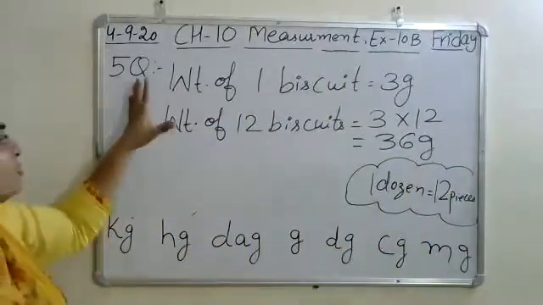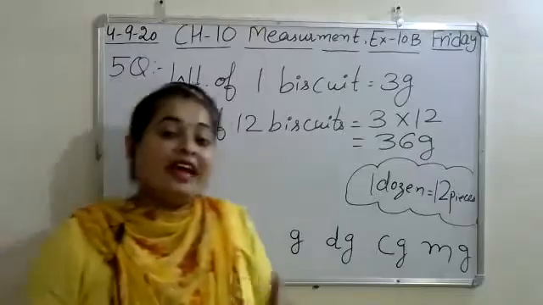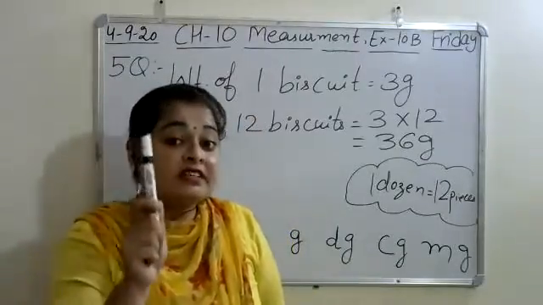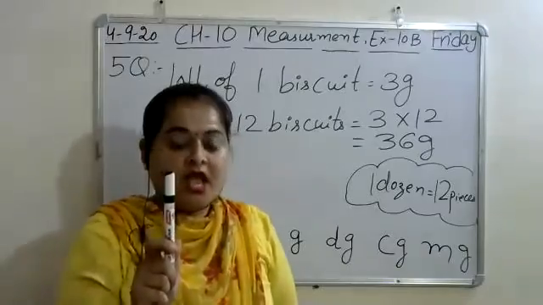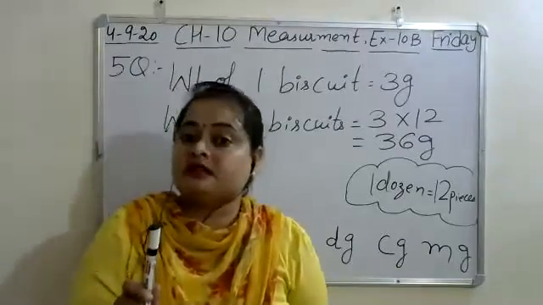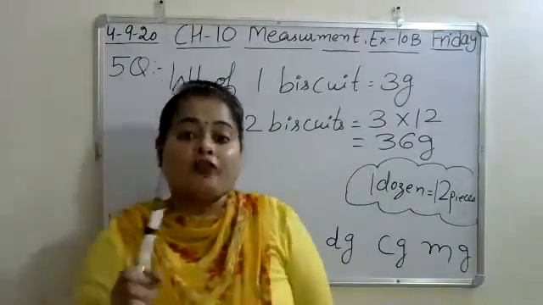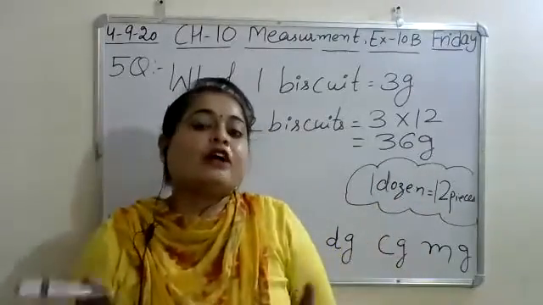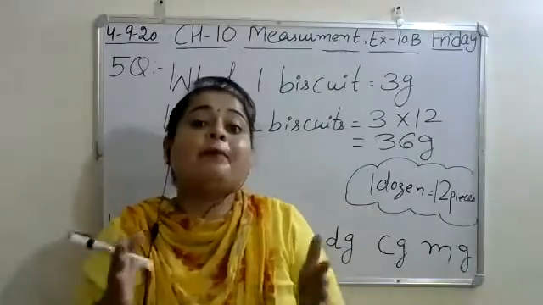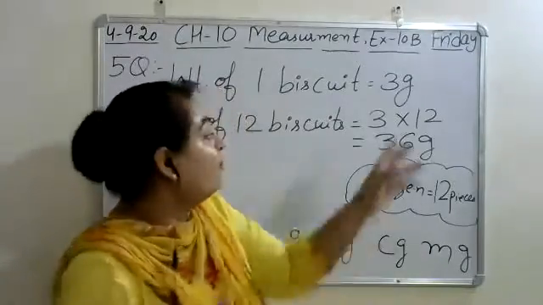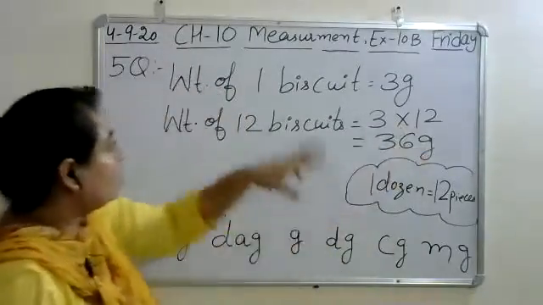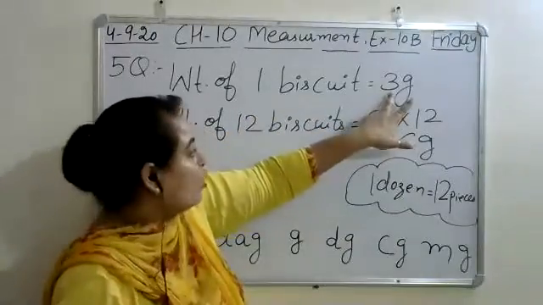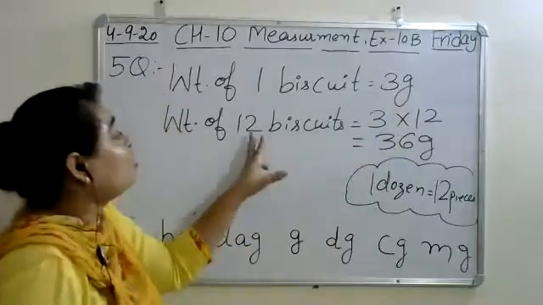Whenever, this thing is very important, whenever the weight of one thing is given in the question and the question is to find the weight of something more, then we will apply the method of multiplication. Look, one biscuit's weight is given to you and the question is to find the weight of 12.